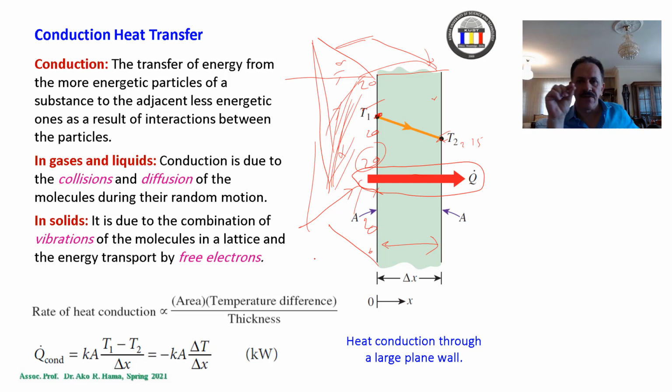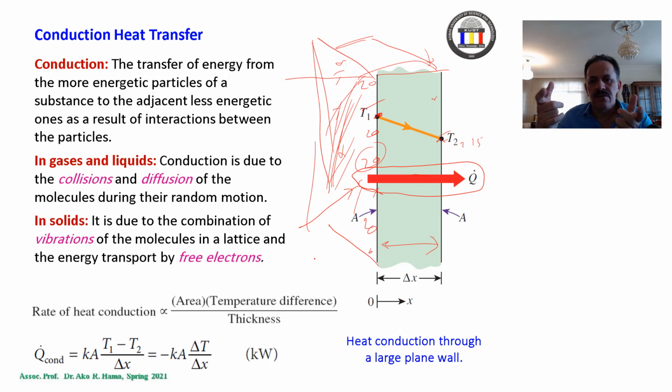But if you have a very thin plate pot, you need less time and it will boil quickly. So the thickness directly affects the rate of heat transfer.